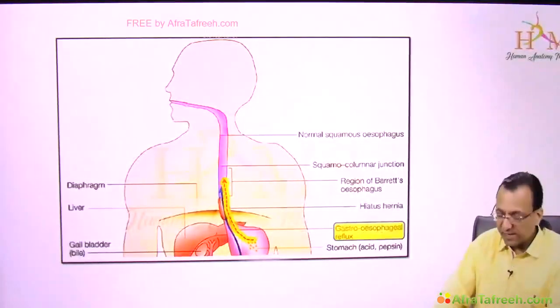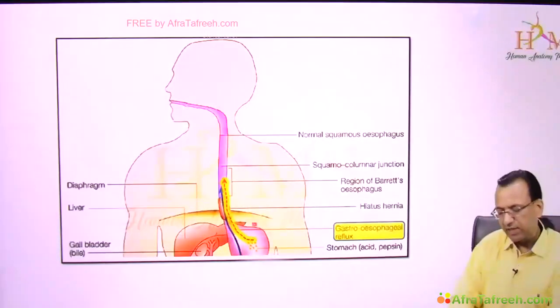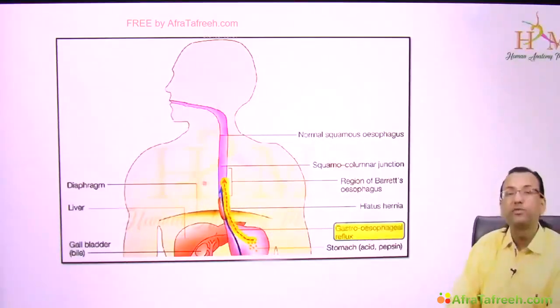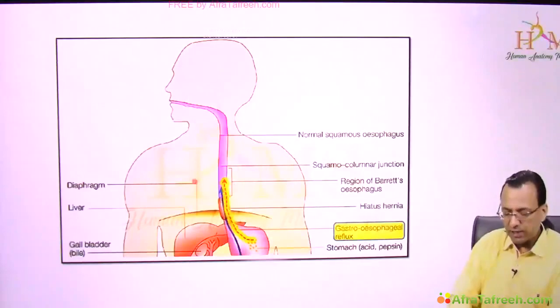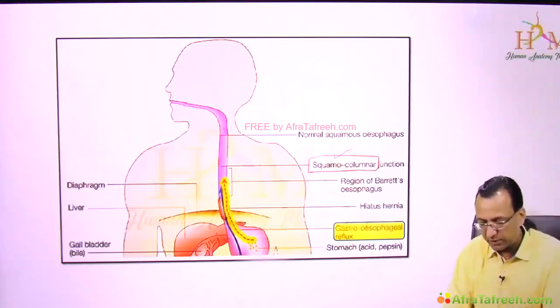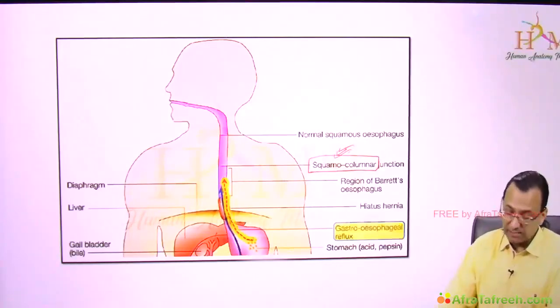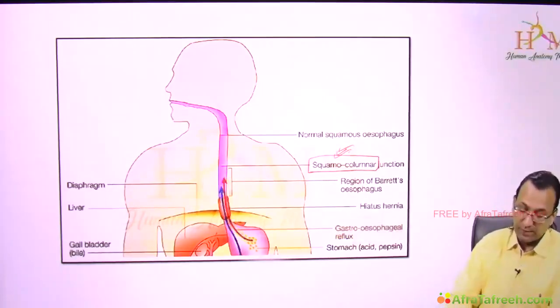What is that? Gastroesophageal reflux disease. The acid is coming from the stomach to the lower esophagus and changing the epithelium. Normal epithelium is squamous, but it is being replaced by columnar epithelium, which is dangerous because there is a metaplasia. And when there is a metaplasia, it is prone to dysplasia and cancer.